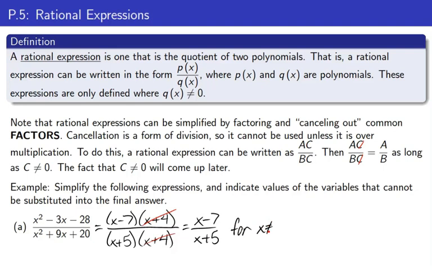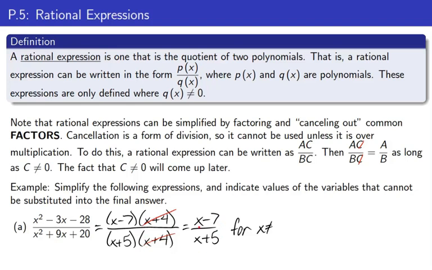So I ask you a quick question. What value of x would have made the denominator 0 for this x plus 4? What value would have made x plus 4 equal to 0? The answer is negative 4. If you were to plug in negative 4 for x, this expression would be 0.